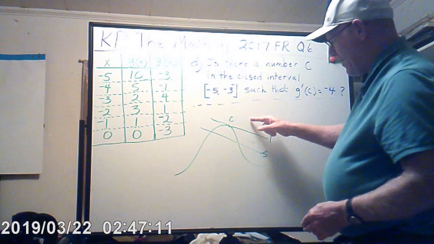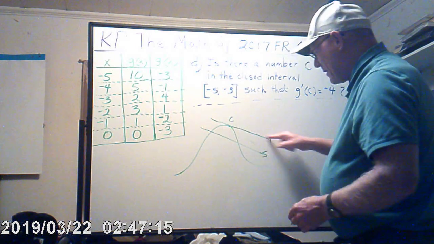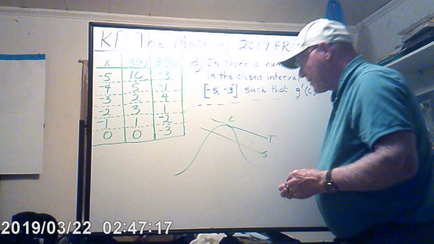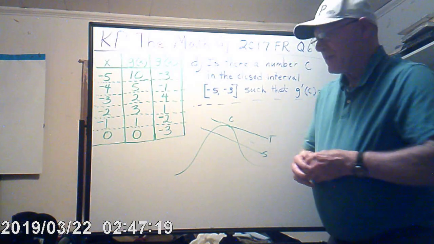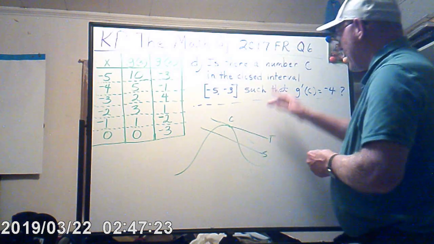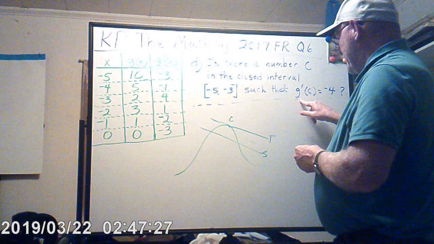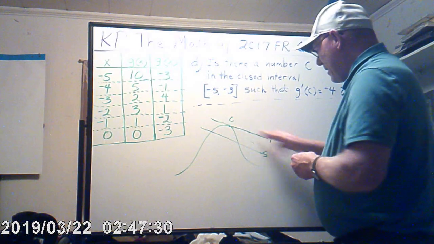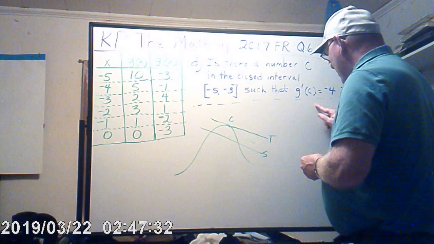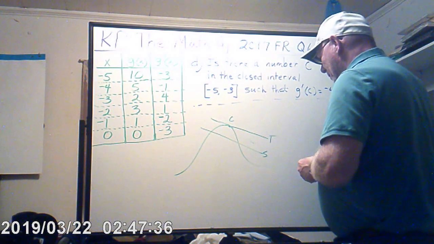And is the secant line parallel to this tangent line? Is there a C in this closed interval such that g prime at C, this slope, is equal to -4?